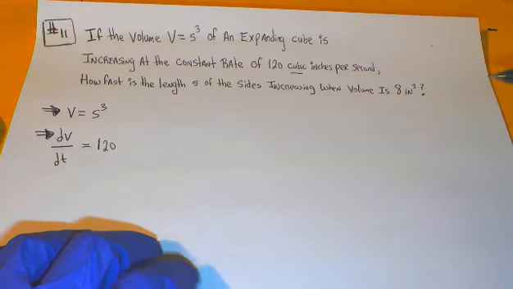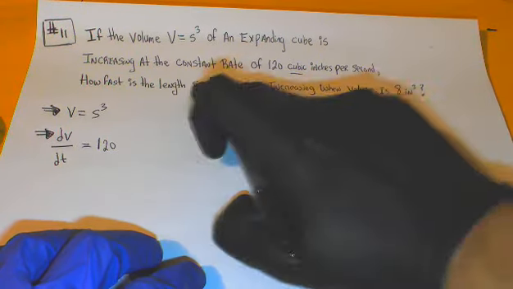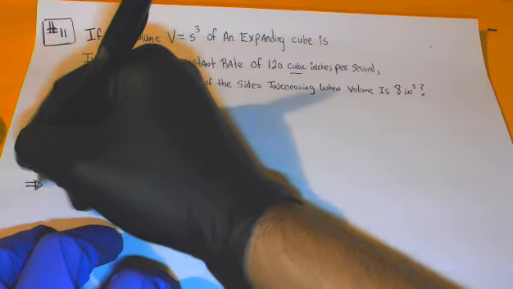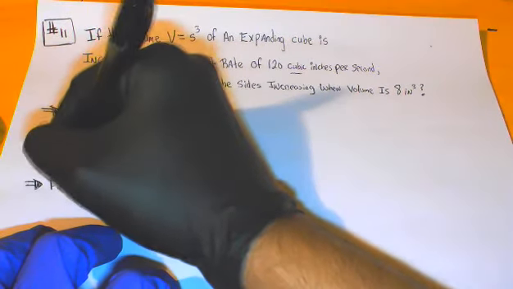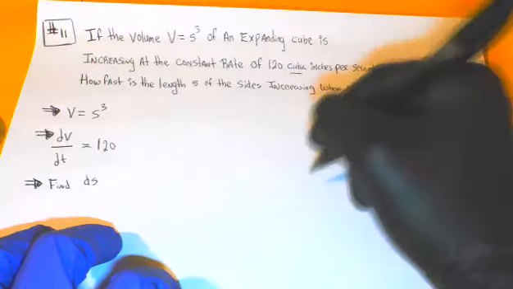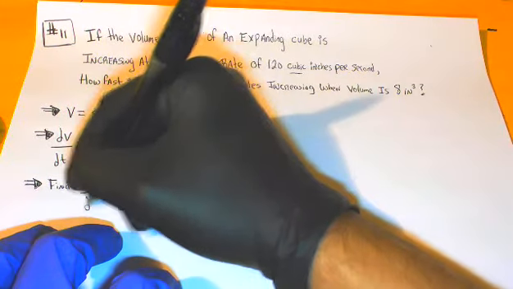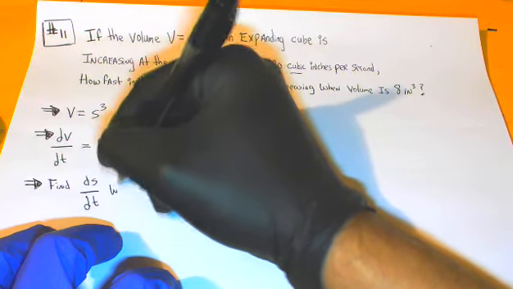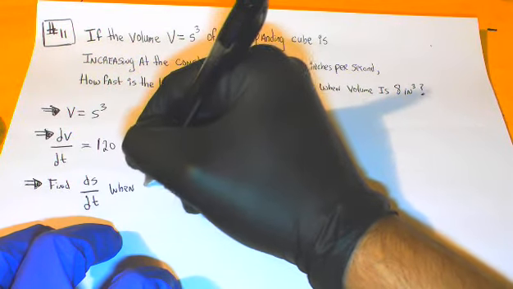What we want to figure out is how fast the length S is changing, so we're trying to find the change of our side S with respect to t, dS/dt, when volume V is equal to 8.